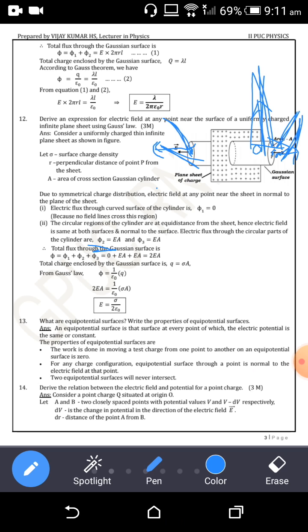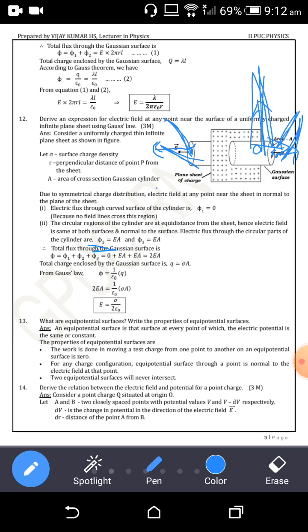At the second part the electric flux comes out to be Ea, and at the third part also the electric flux comes out to be Ea. Hence the total flux through the Gaussian surface is phi equal to phi 1 plus phi 2 plus phi 3. Substituting, phi 1 is 0, and phi 2 and phi 3 are Ea plus Ea, that comes out to be 2Ea.